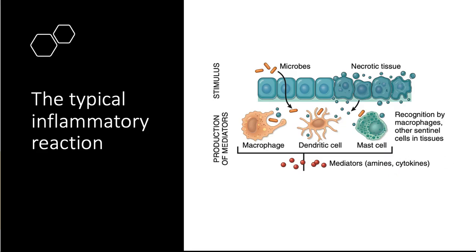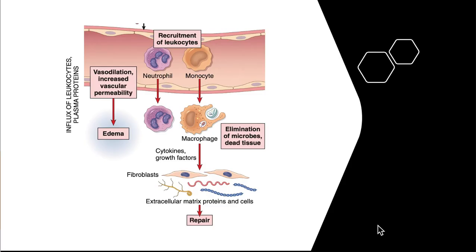The typical inflammatory reaction develops through a series of sequential steps. The offending agent, which is located in extravascular tissues, is recognized by host cells and molecules. Leukocytes and plasma proteins are recruited from the circulation to the site where the offending agent is located.